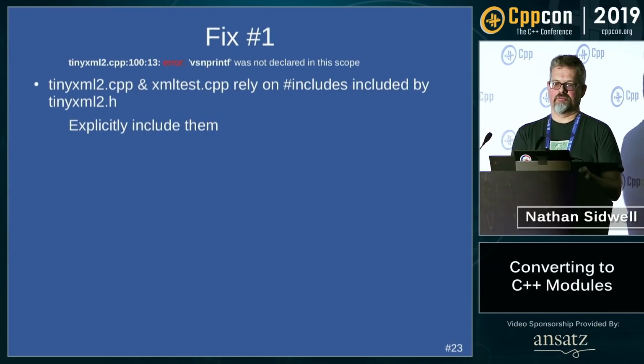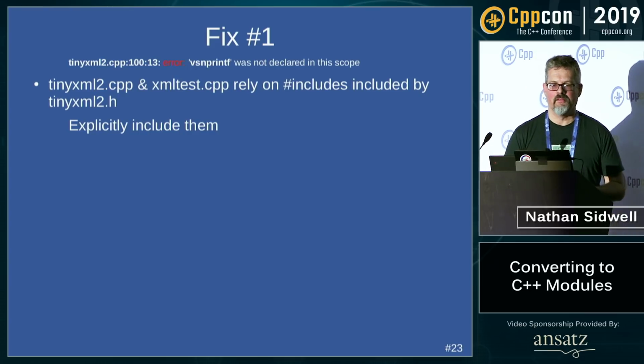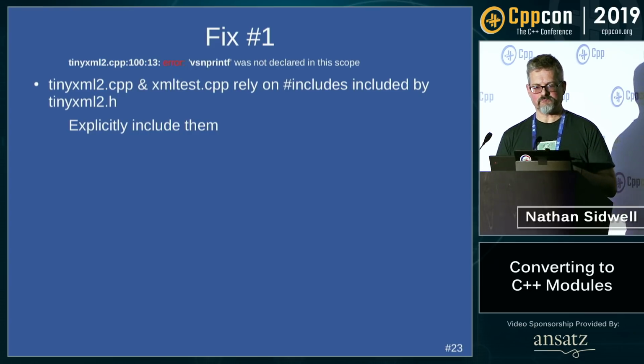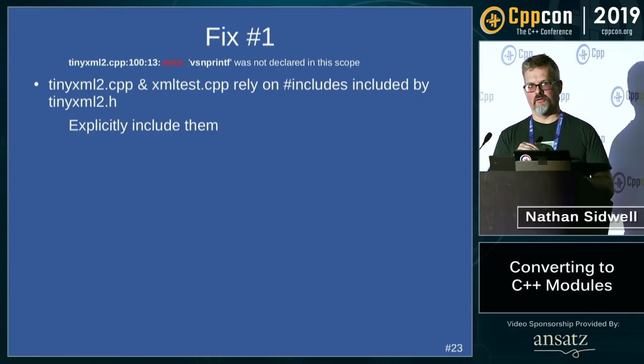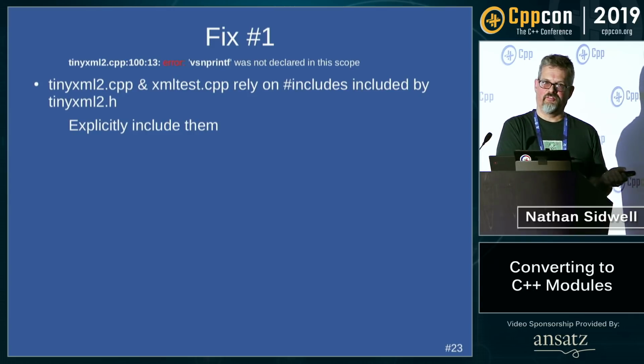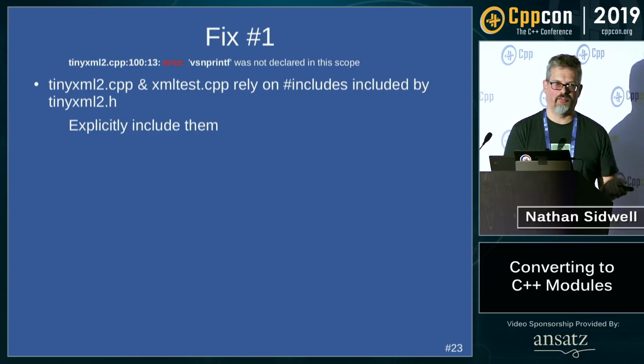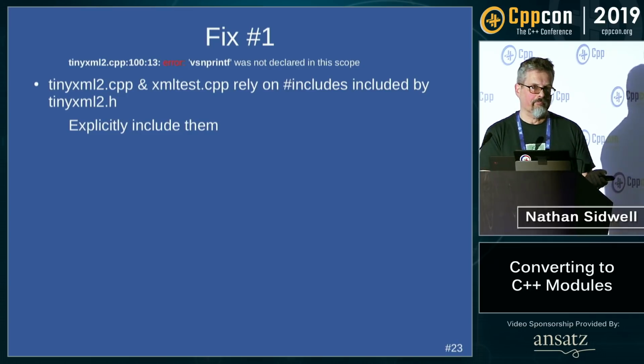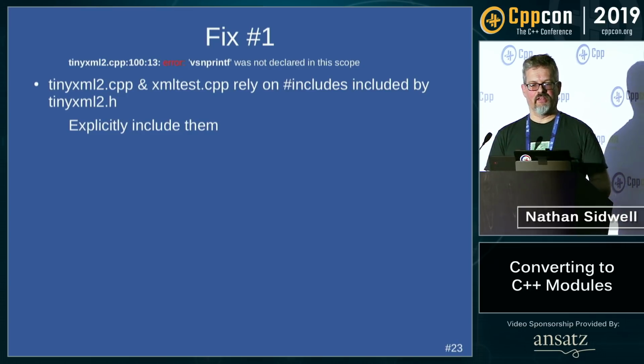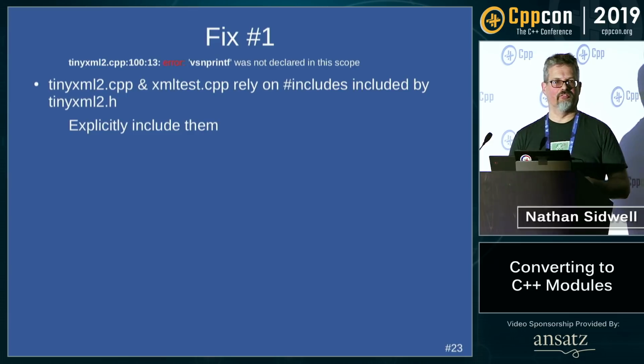Error, vsnprintf was not declared in this scope. So what's happened here is that the implementation file was relying on a hash include that had been included by the header file, but wasn't part of the header file's interface, because it couldn't do anything else. It hash included stdio, which gave it this printf function.